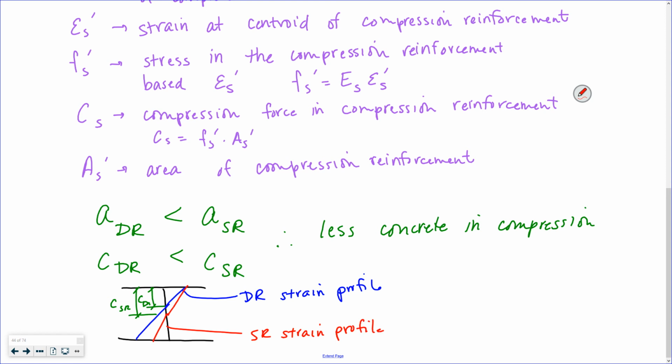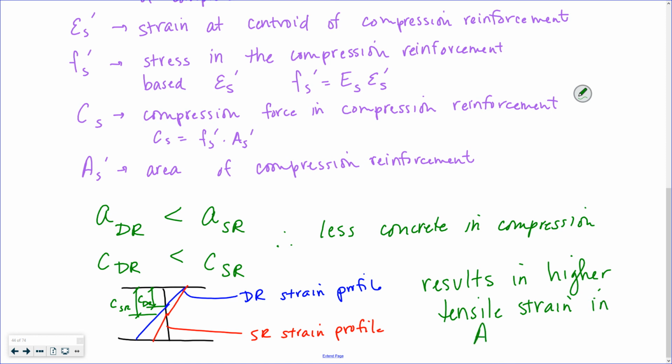Look at that picture if you need to for a second. If you have a smaller neutral axis, because you don't need as much in compression, then my doubly reinforced strain profile, that blue one, is going to result in higher tensile strain in the tensile reinforcement.